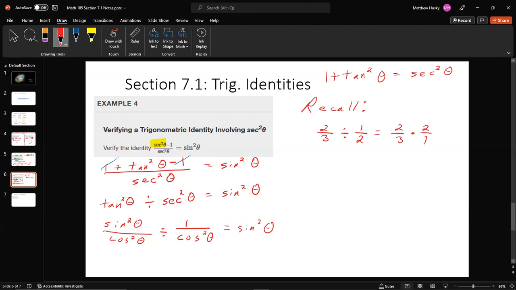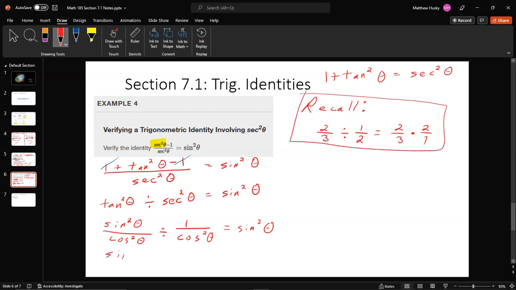So when you are dividing fractions, you're supposed to change it to a multiply problem and then flip the second fraction and do its reciprocal. This is just a little reminder about fractions here.